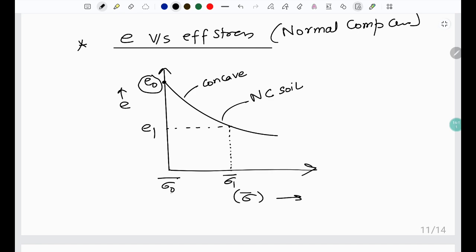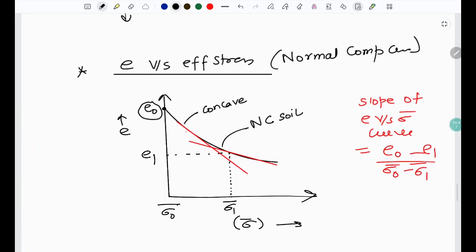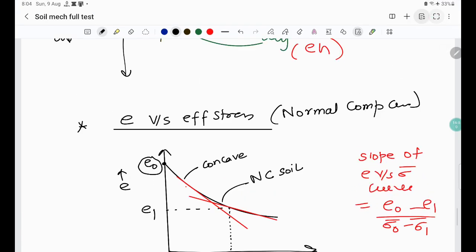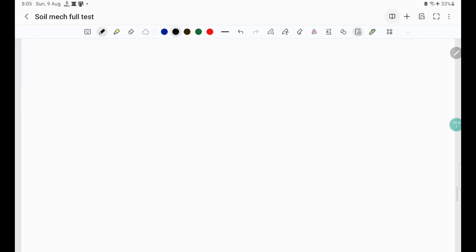Say the initial pre-consolidation stress was sigma naught, and the slope of this graph gives us our first coefficient, that is the slope of the E versus sigma curve, E naught minus E1 over sigma naught minus sigma 1, which is nothing but the coefficient of compressibility.